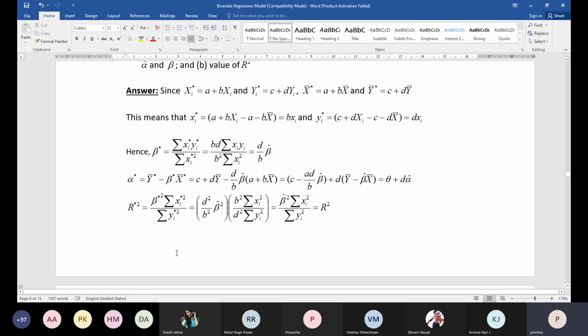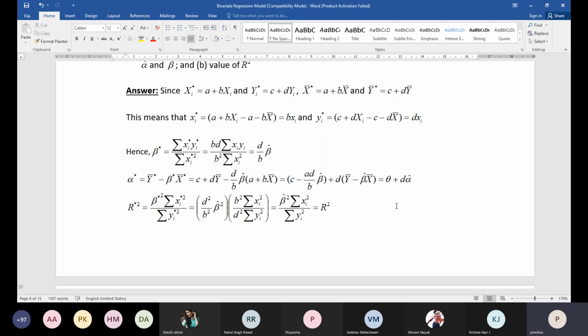And this is what we had derived. We had also seen that these expressions are true mathematically, and we tried to see them empirically also.